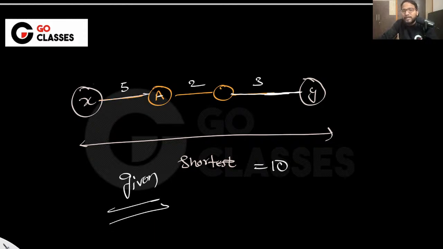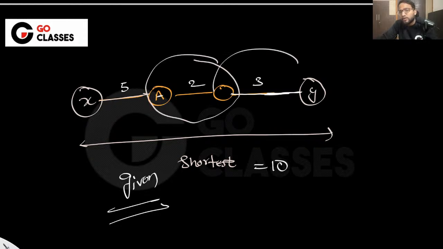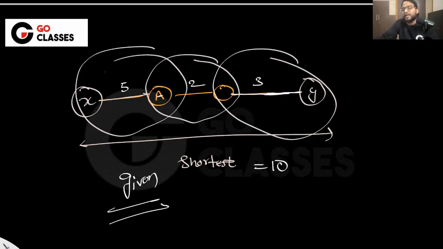I mean, can there be another path which is lesser than 5? Suppose that is the case, that it is 4, or 4.9, 4.8, I mean lesser than 5. Then ultimately this will not be shortest, right? This will be just lesser than 10. So since I know that this is shortest, every piece you pick here is also shortest. Every piece you pick here is also shortest. Let me know if that is fine to everyone.